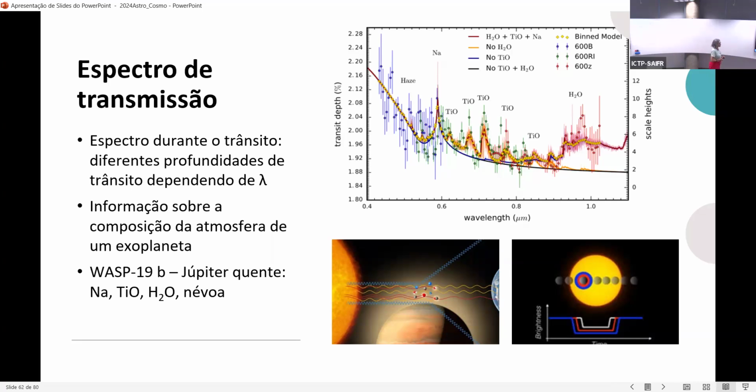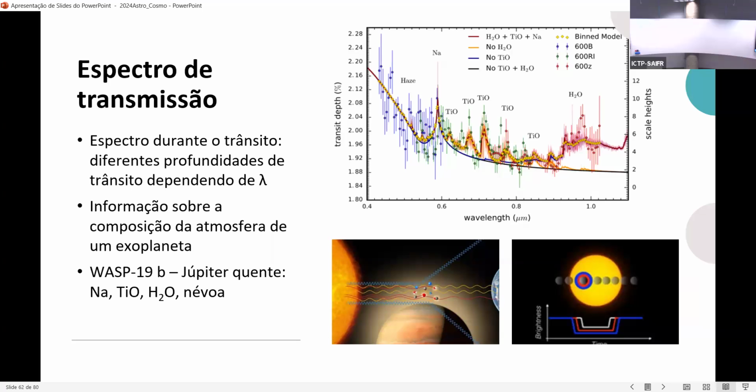What is a transmission spectrum? You take spectra while the planet is transiting. Why? Because the light from the star will cross the planet's atmosphere. It can also be the outer gaseous envelope of a giant planet, like the tip of the atmosphere, or even the whole atmosphere of the planet.